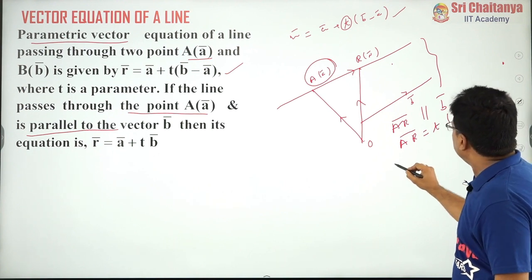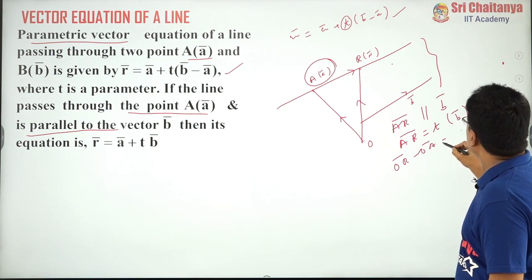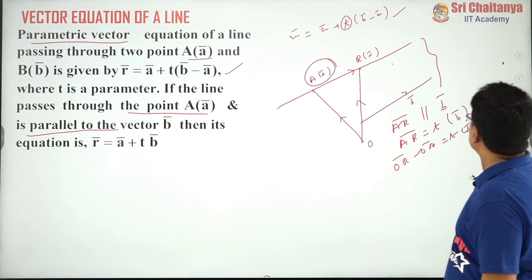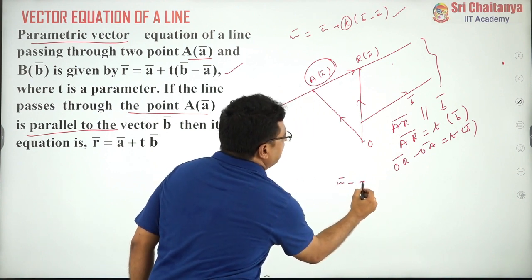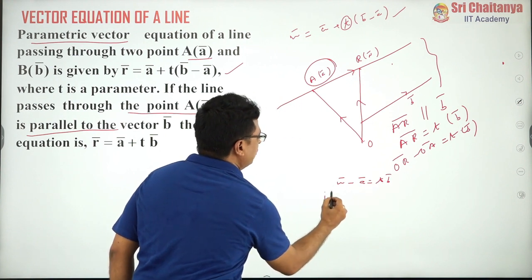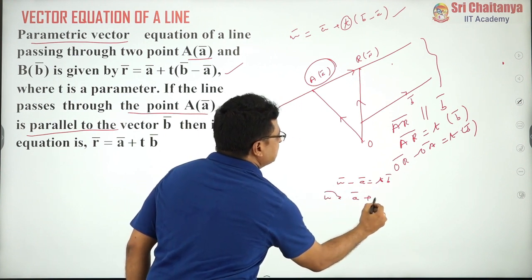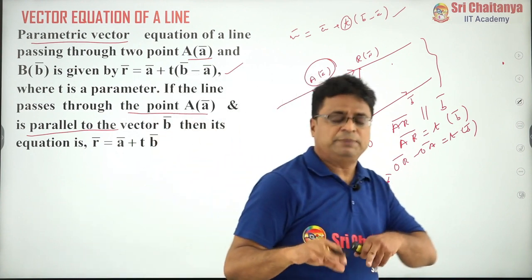What is AR bar? OR bar minus OA bar, which is equal to T into B bar. That is R bar minus A bar equal to TB bar. So, R bar is equal to A bar plus TB bar. This is the vector equation in parametric form.